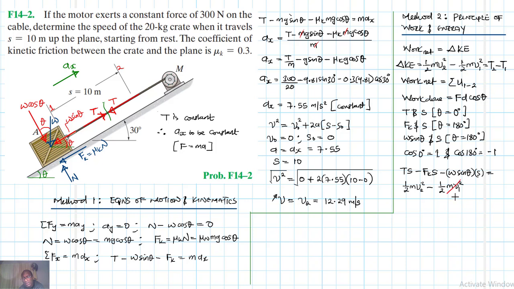We know this part is 0 because v1 is equal to v0, which is equal to 0.